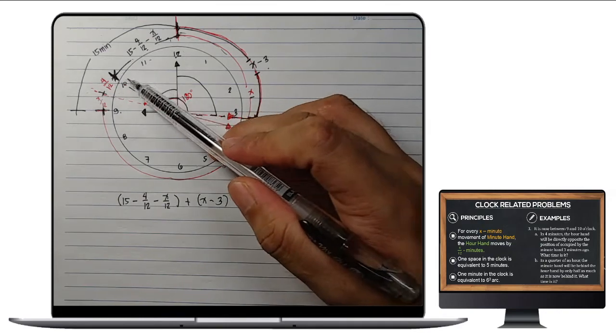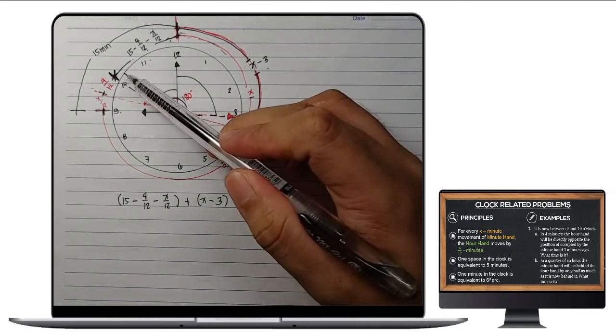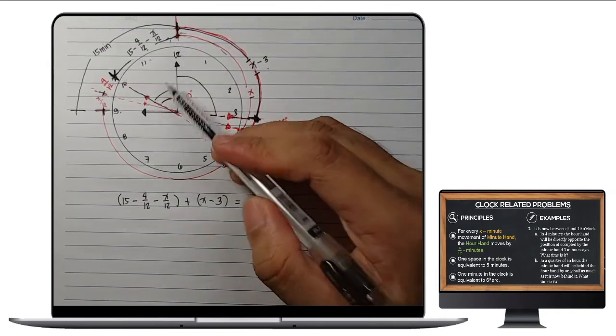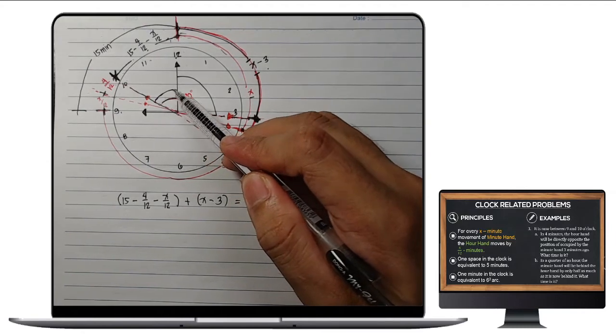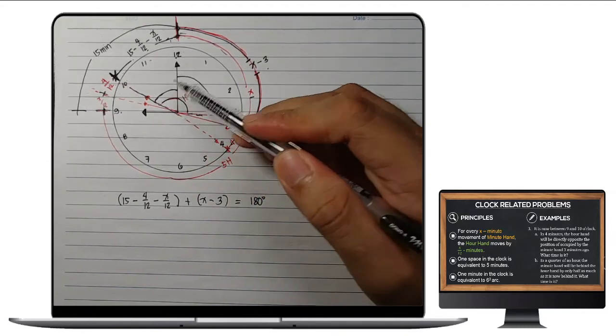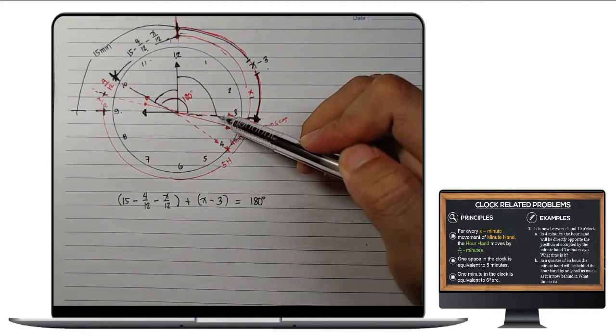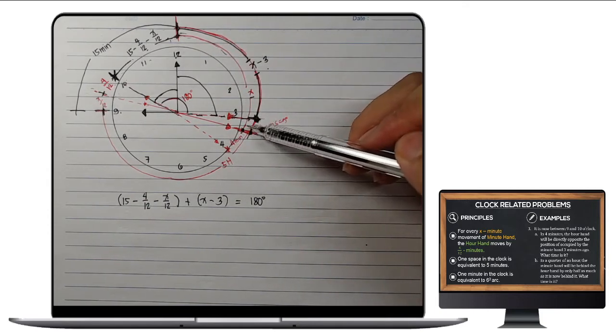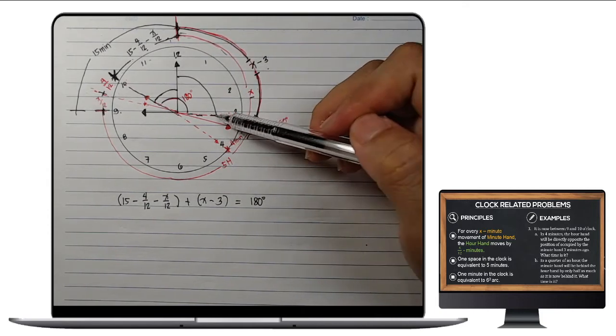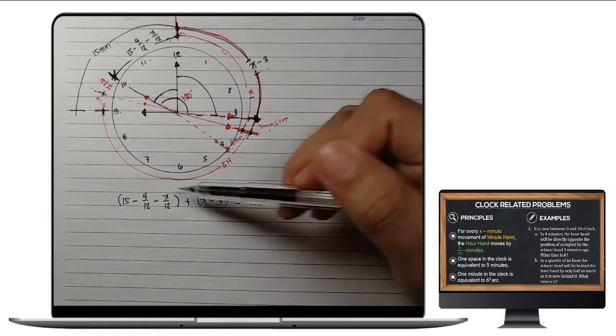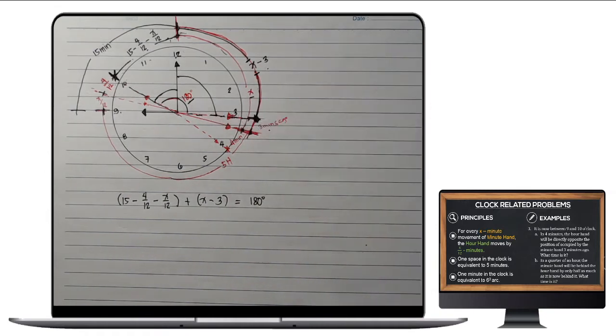So this arc is 15 minus 4 over 12 minus x over 12, then from this point going to this one, that is x minus 3. When we add those two, we arrive at 180 degrees.